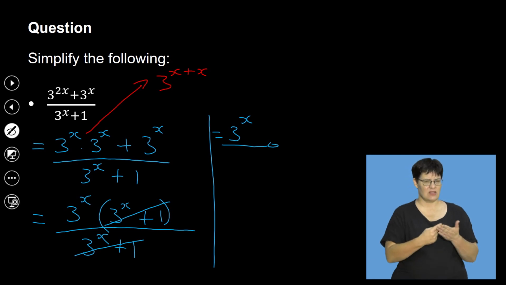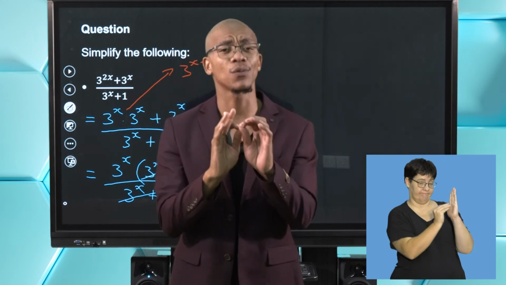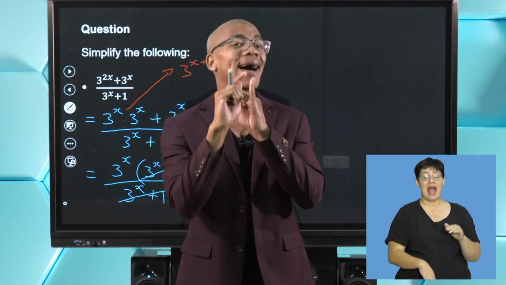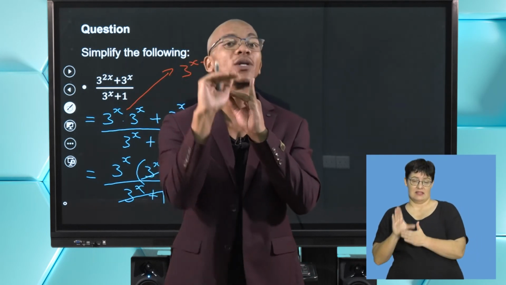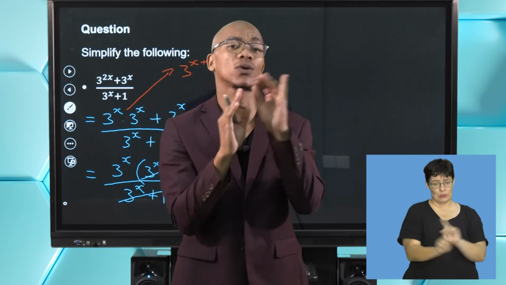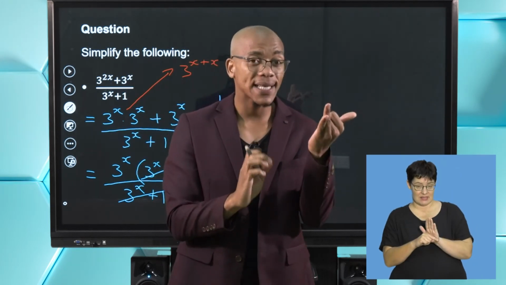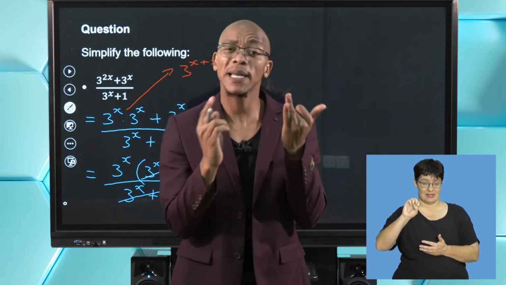Now, let's just talk about a few rules that I've mentioned here that I want you to jot down for me. Remember, you do not cancel out anything unless there is a multiplication or a division between those two terms that you are trying to cancel with another one, right? When there is a plus and a minus, you make sure that you factorize, right? You factorize by doing what?